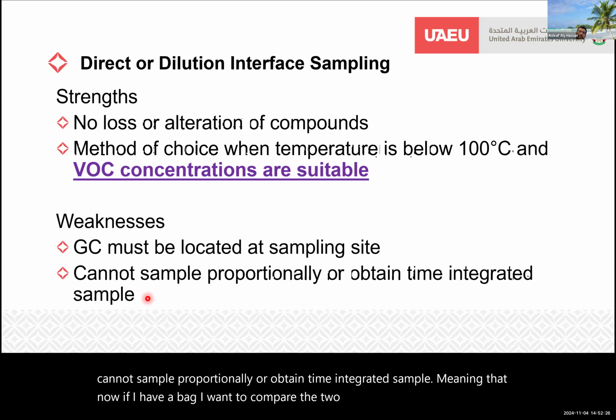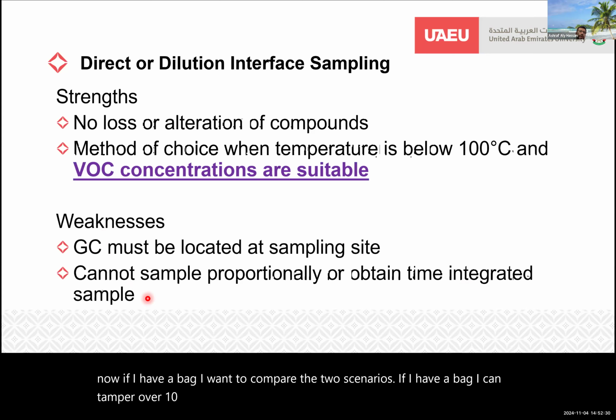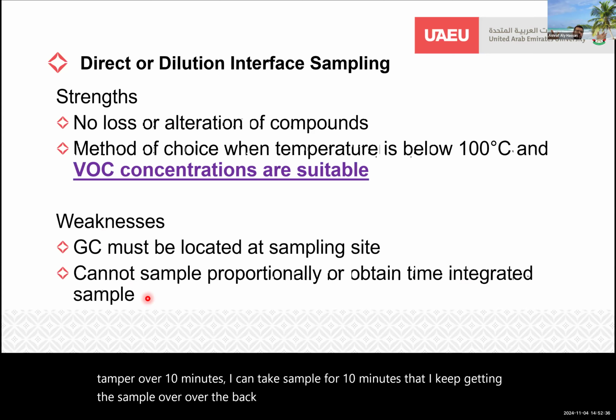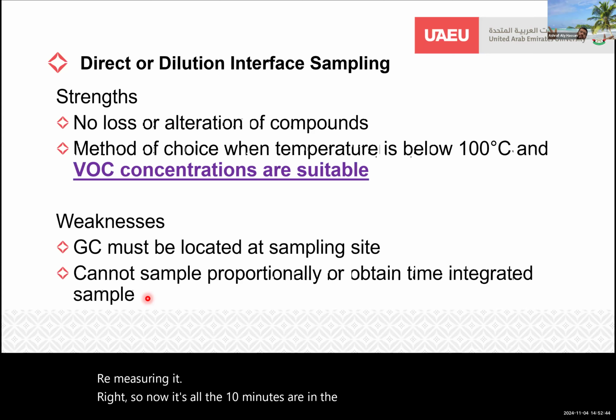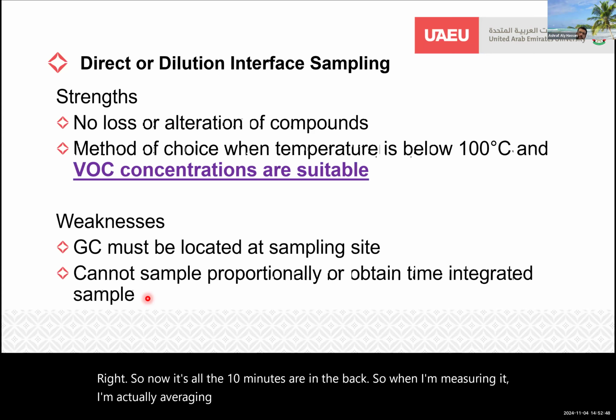If I have a bag, I can sample over 10 minutes. I keep getting the sample into the bag. So when I'm measuring it, I'm actually averaging everything that was there in the 10 minutes.